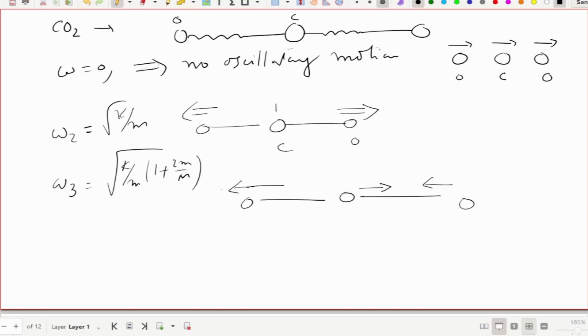So, this is schematically the situation for a vibration of a linear carbon dioxide molecule.